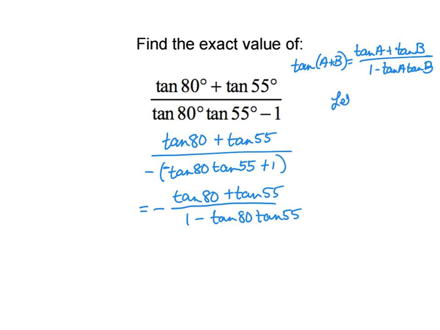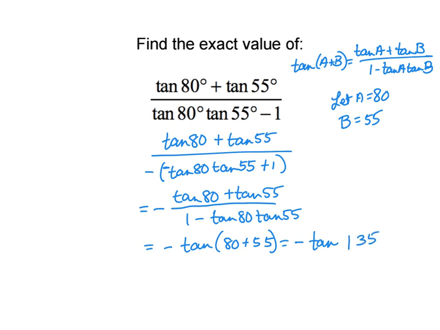I can let A be 80 and B be 55 and make a substitution. I've got to remember I have this negative sign out front. So this is negative tangent of 80 plus 55, and adding those two together gives me negative tangent of 135.